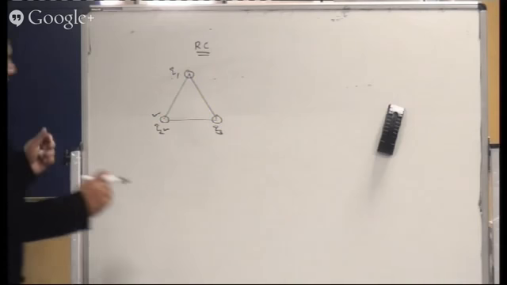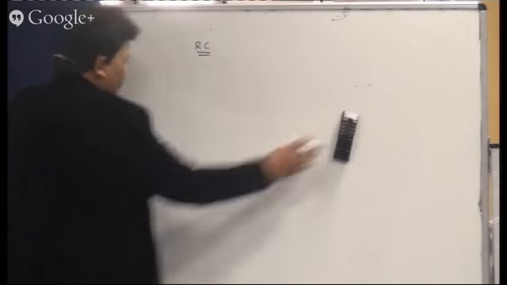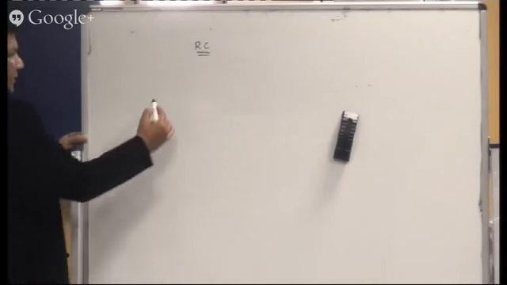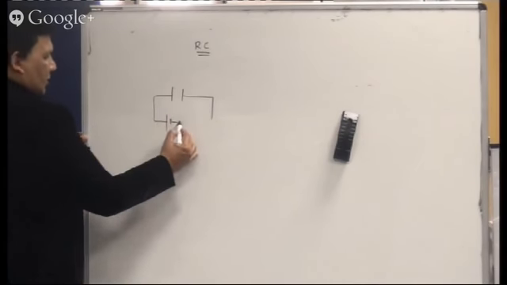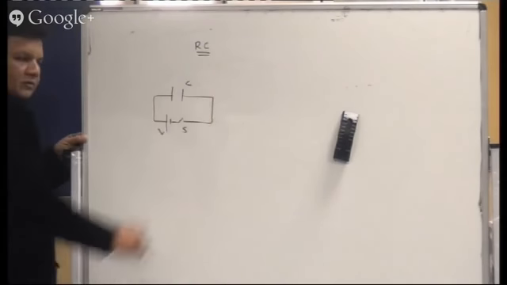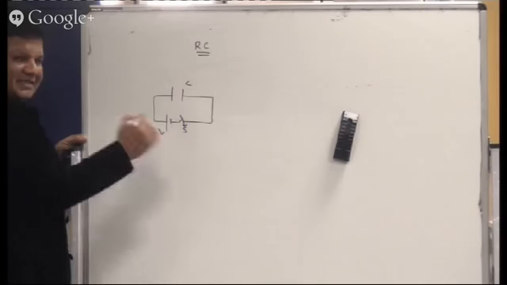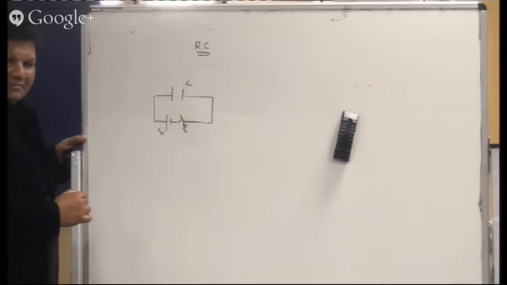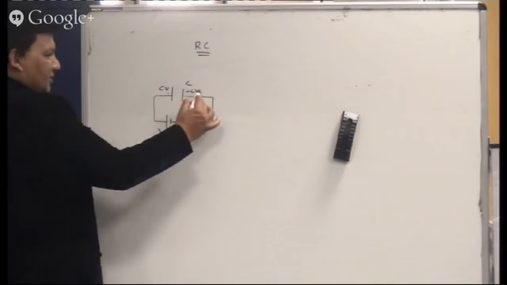But if I have a capacitor, simple, and I connected this to a DC source, and I put a battery, and I put a switch, what happens? As soon as you press the switch, instantaneously this gets charged. Because of this, the potential here is CV, the potential here is minus.